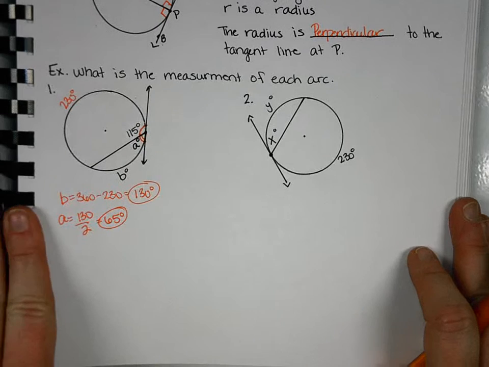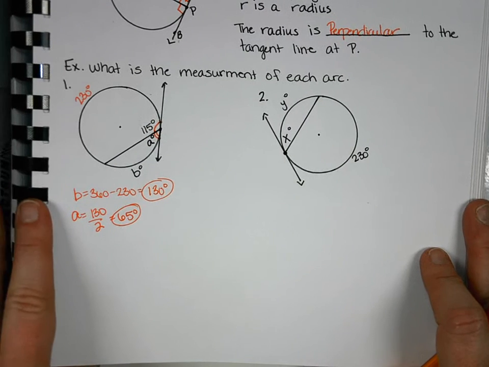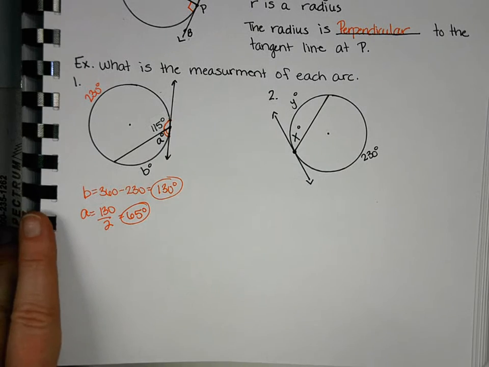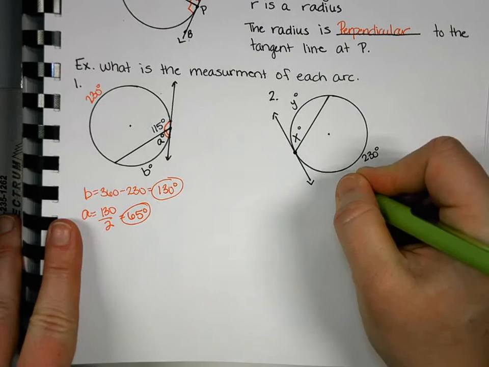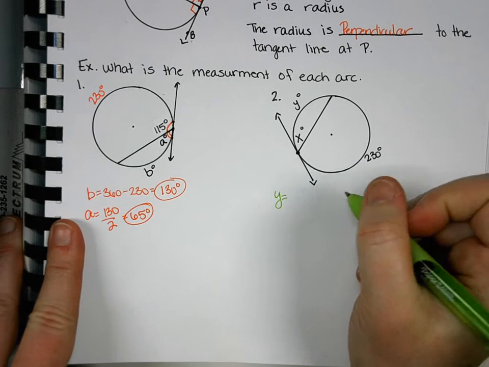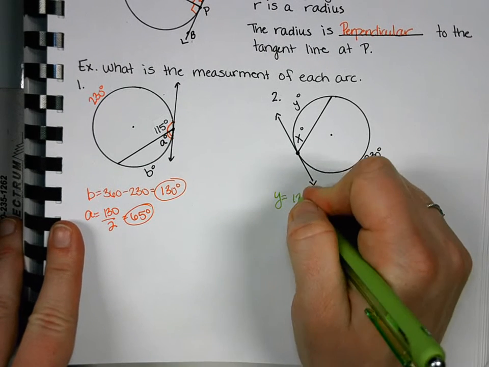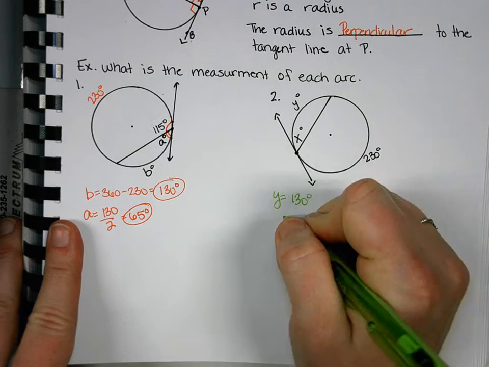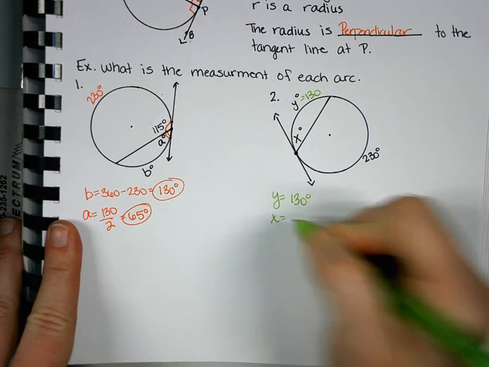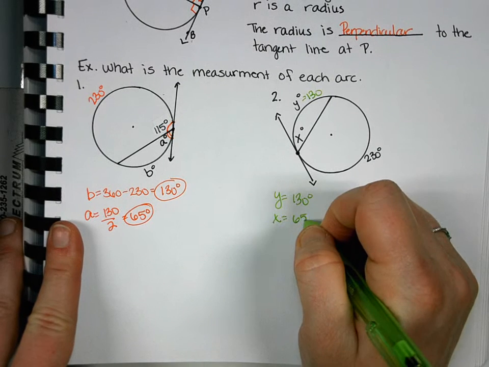Okay, what about number 2? We need to find x and y here. Okay, so we know this is 230, so 360 minus 230 is what? 130. So if this is 130, what's x? 65.